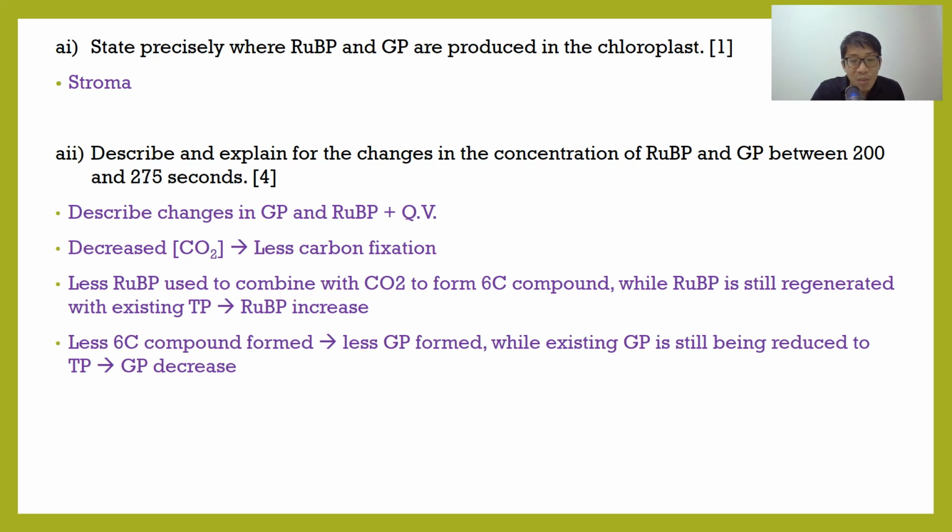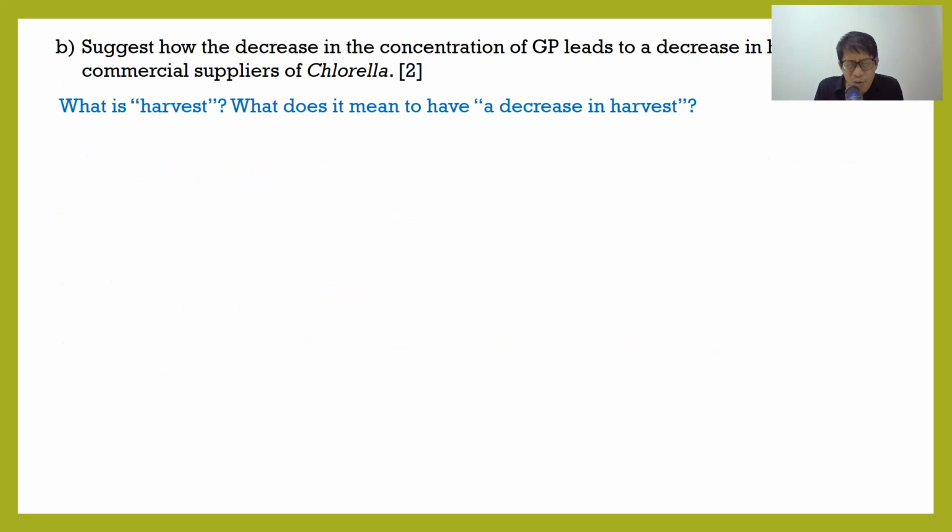Okay. All right, then move on to part B. So for part B, there is a decrease in the concentration of GP, and that is linked to a decrease in harvest. So somehow your explanation that you suggest here must link to the decrease in harvest, as mentioned in the question.